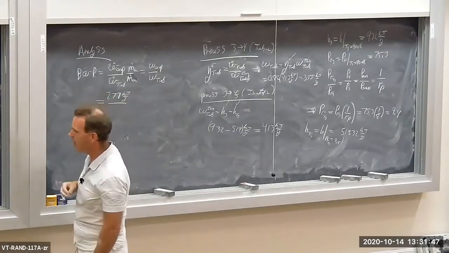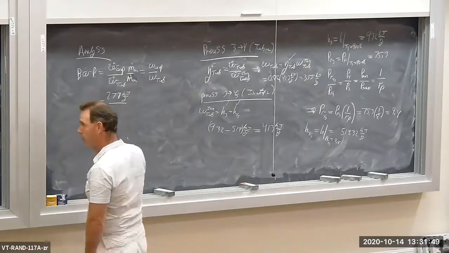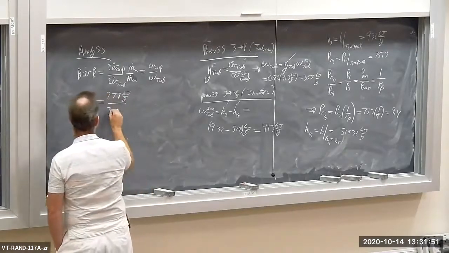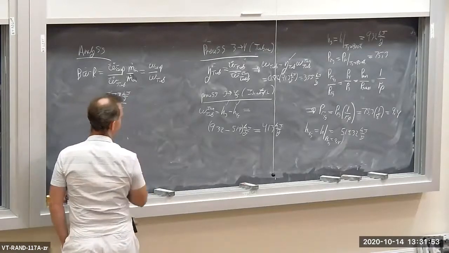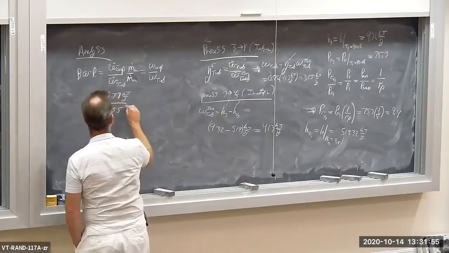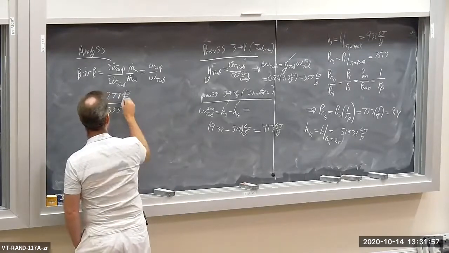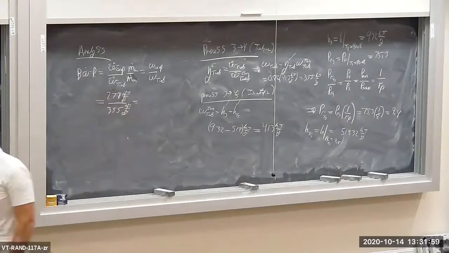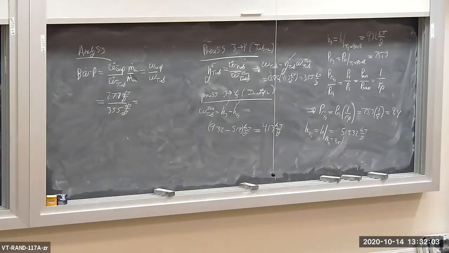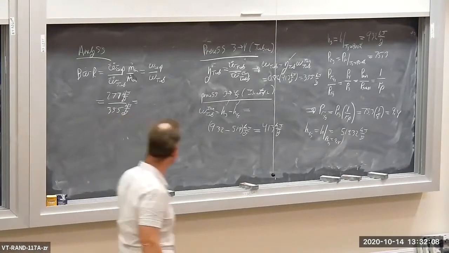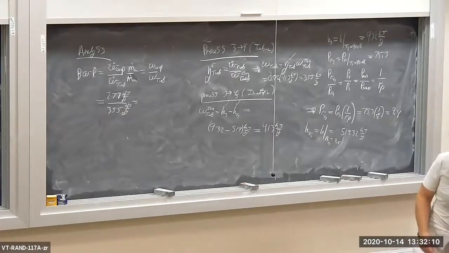And I got W for the turbine, which was 355 as I recall, 355, yep, kilojoules per kilogram. These cancel out, and I get a back work ratio, 277 over 355. Let me crank it out in my calculator. Probably about 80%.